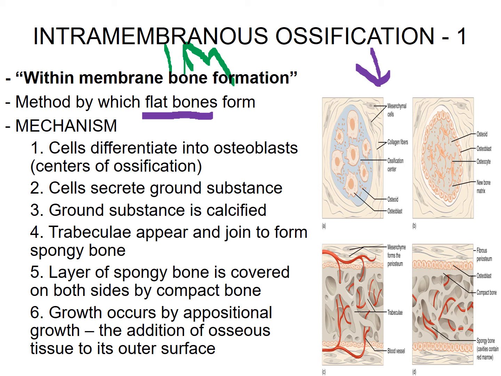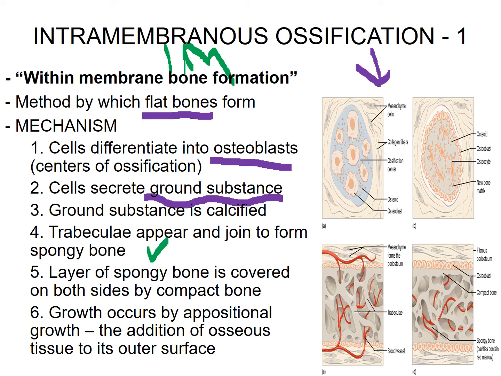What happens is we have stem cells that turn into osteogenic cells, and then osteogenic cells eventually form osteoblasts. And those osteoblasts start making the matrix. They start secreting all of that bone tissue. And that bone tissue becomes calcified.